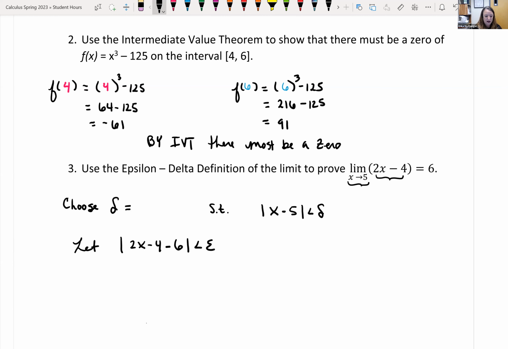So our goal here is to manipulate what's inside our absolute value to look like what is inside our absolute value up here. So let's first simplify. Inside the absolute value of 2x, we'll have negative 4 minus 6, so that's minus 10, is less than epsilon. I notice that I can factor out a 2 from the 2x minus 10. So absolute value of 2 times the quantity x minus 5 is less than epsilon.